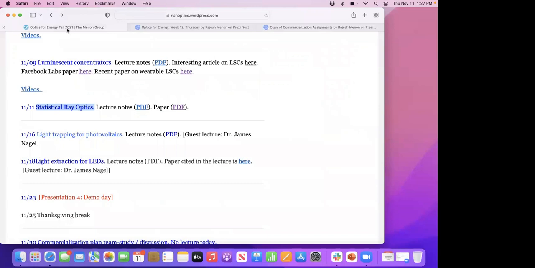I think this is time. So the assignment, let me make sure this is connected. Sorry. Okay.